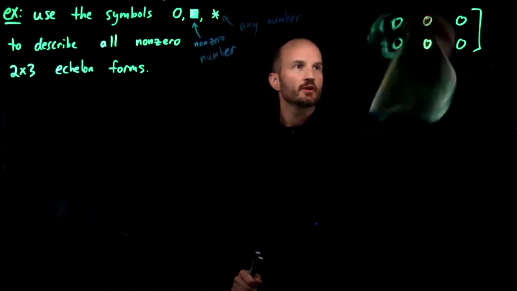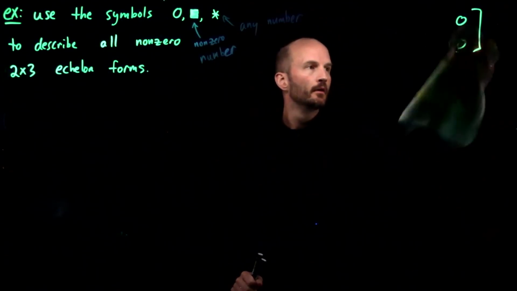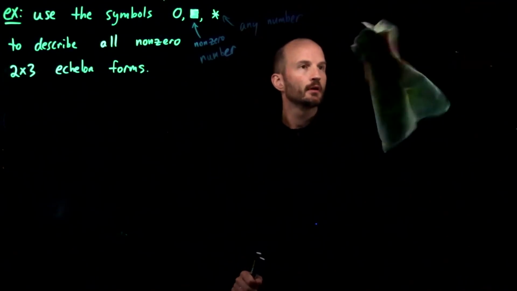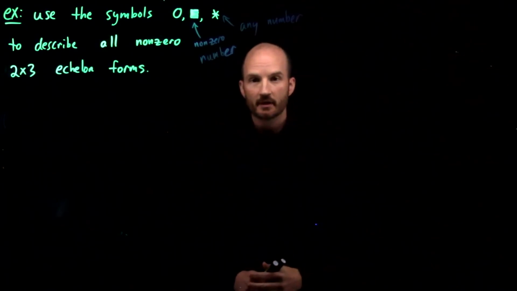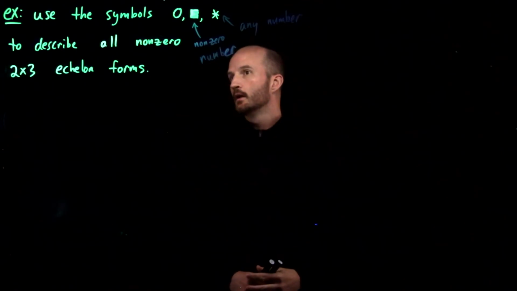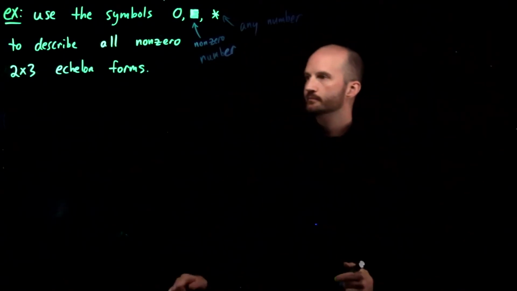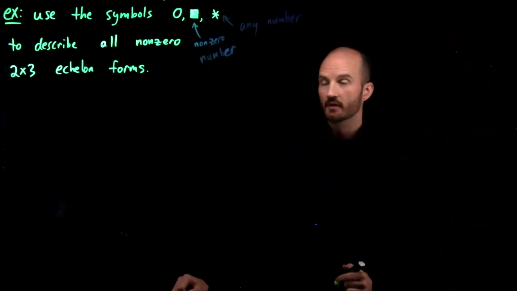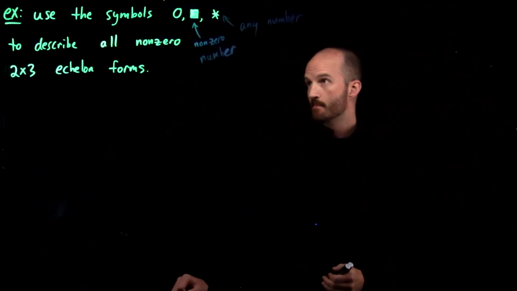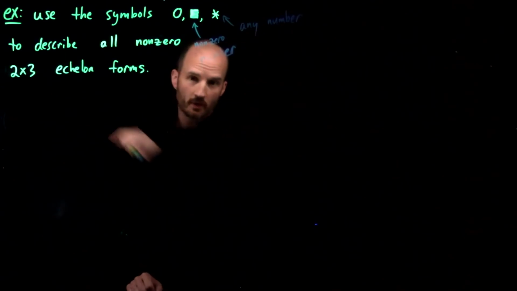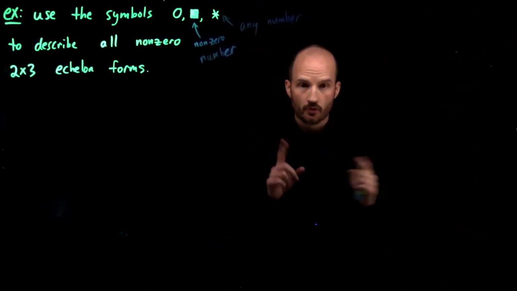Okay, how do I attack this question? Well, I am trying to make sure I account for every possibility. So we're counting here. We want to make sure we count everything. So I need a way to divide up my problem. It doesn't really matter, but I'll say I have a non-zero 2 by 3.